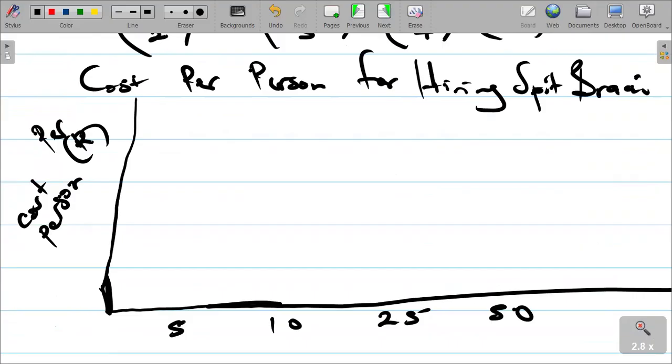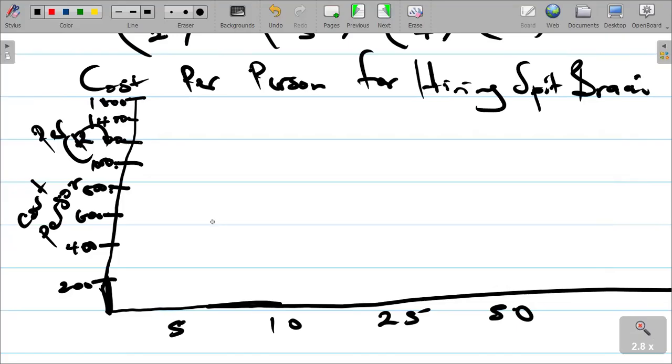So starting from there, one person. We can give an interval of any number that I can use here. I can say 200, 400, 600, 800, 1,000, 1,200, 1,400, 1,600.